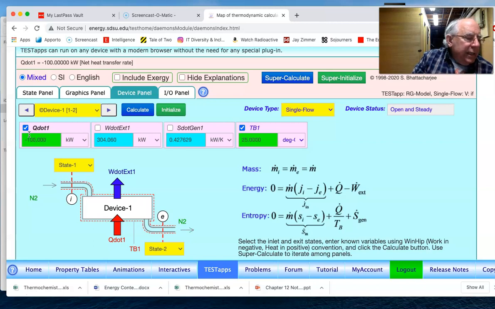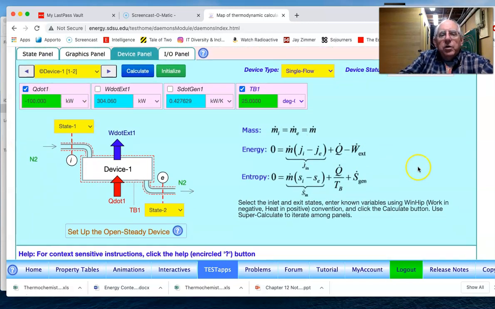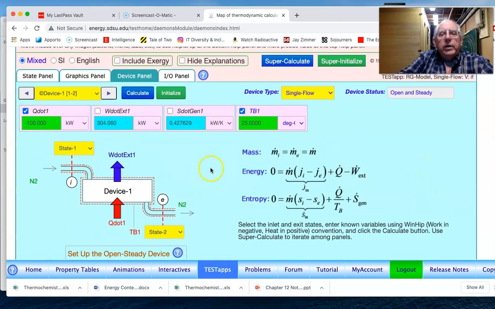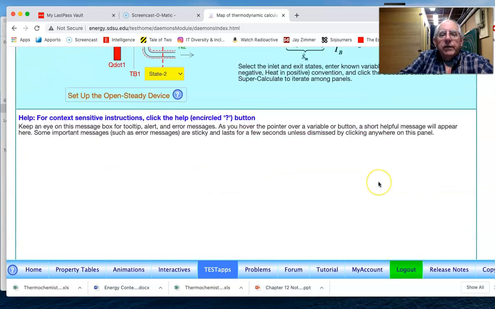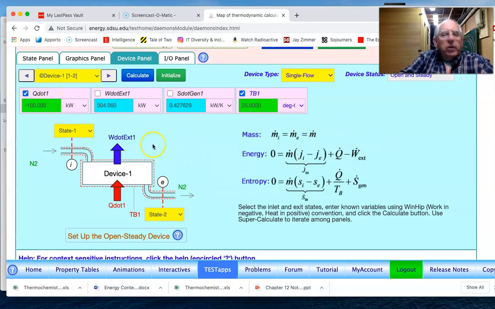And so heat is being lost to the surroundings at 100 kilowatts. And so there's our heat transfer. And so with that in mind, we then have the information that we need for our calculations.